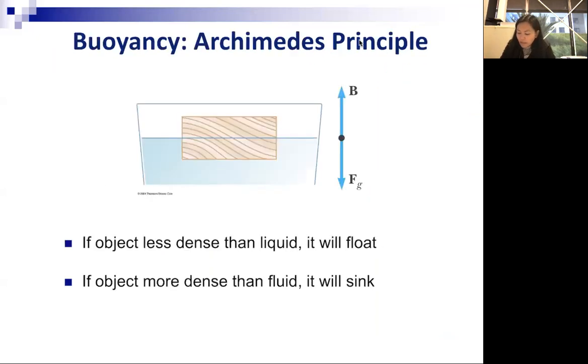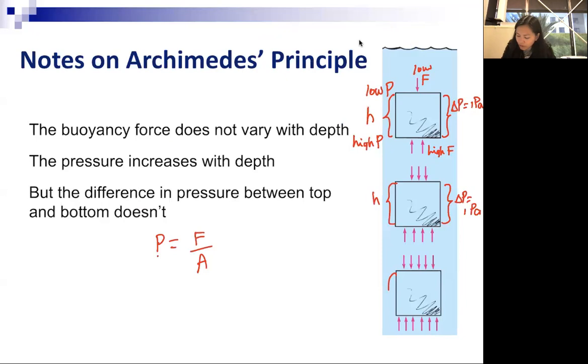Even if you go deeper, you're still looking at the pressure difference between the top of the block and the bottom of the block. So the pressure difference will still be the same, even if you go deeper. We are comparing the pressure between the top part and the bottom part of the block. So even if the block is here at the shallower part compared to the deeper part, the pressure difference will still be the same.